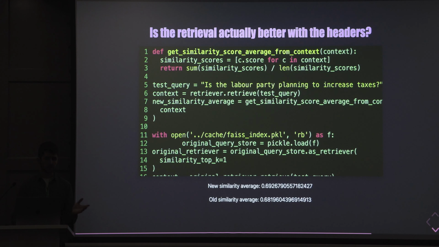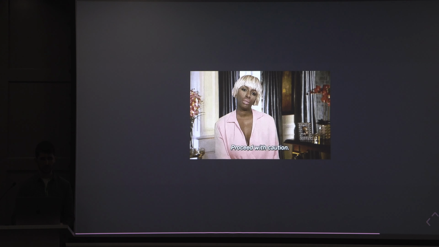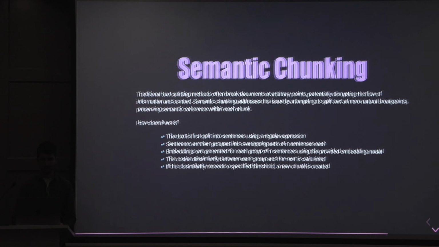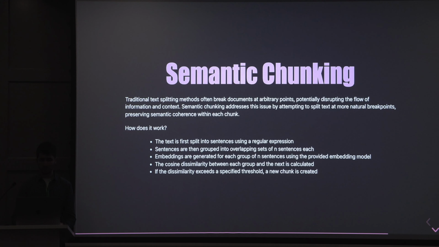Just a word of warning, sometimes it performs better with the headers and sometimes not, so proceed with caution is my advice. I don't have time to go through semantic chunking, but I do recommend you look into it because it's a very powerful tool.